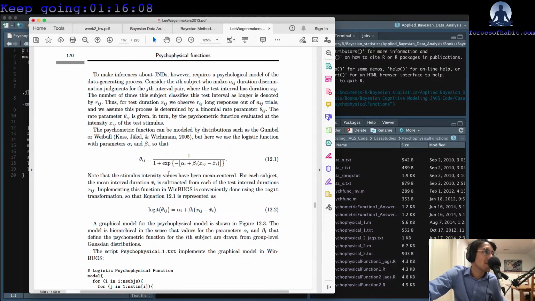If I took logs of this, and then the logit function here, this is what you get. We have alpha, beta, and then the average of the responses subtracted from a given test duration for a subject at a given trial.